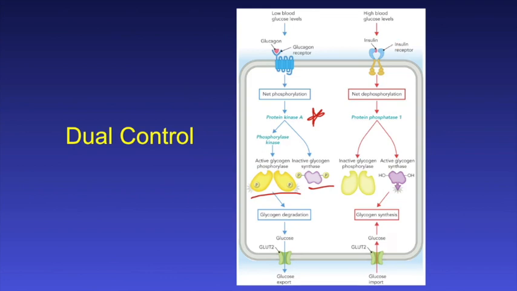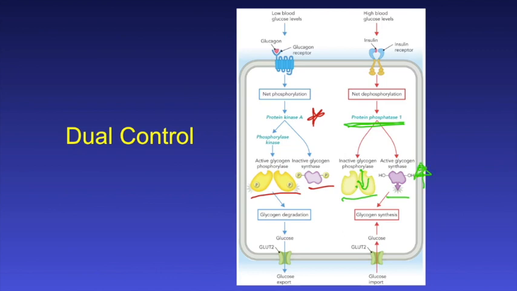On the other hand, with high blood glucose levels, insulin hits the liver, and you start a phosphatase. That phosphatase will take phosphates off of the synthase and off of the phosphorylase. It inactivates breakdown and it activates synthesis.